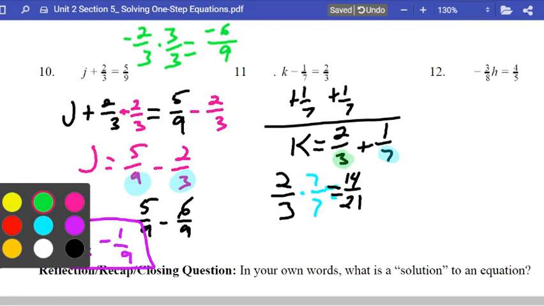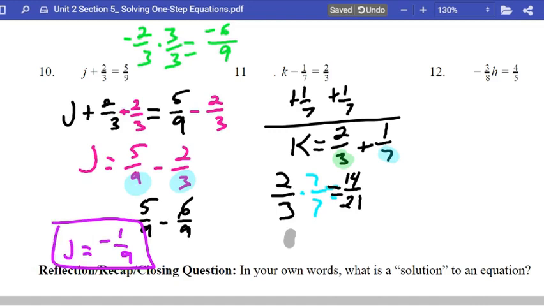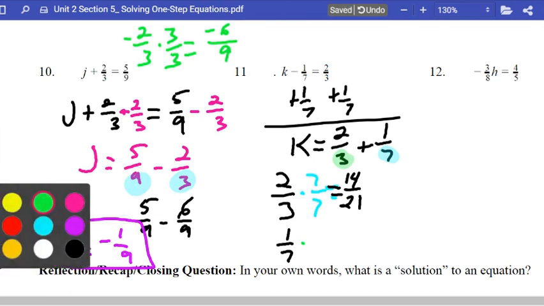So that's going to be 1 over 7 times 3 over 3, because that's the other denominator. And that's going to give me 3 over 21.